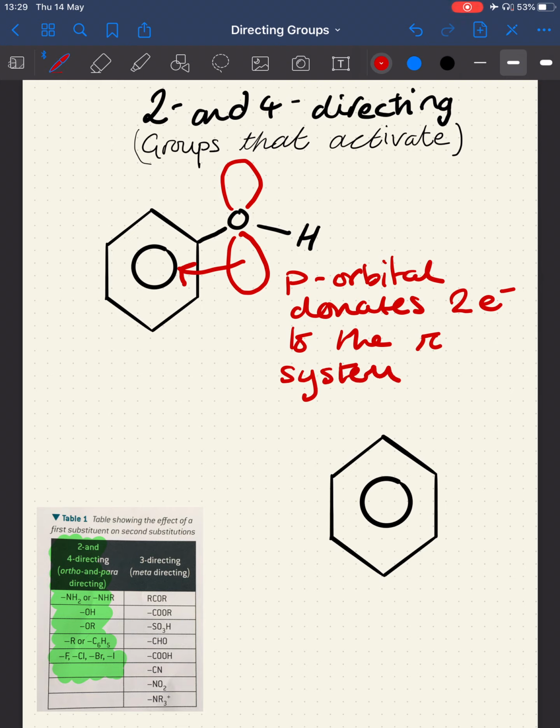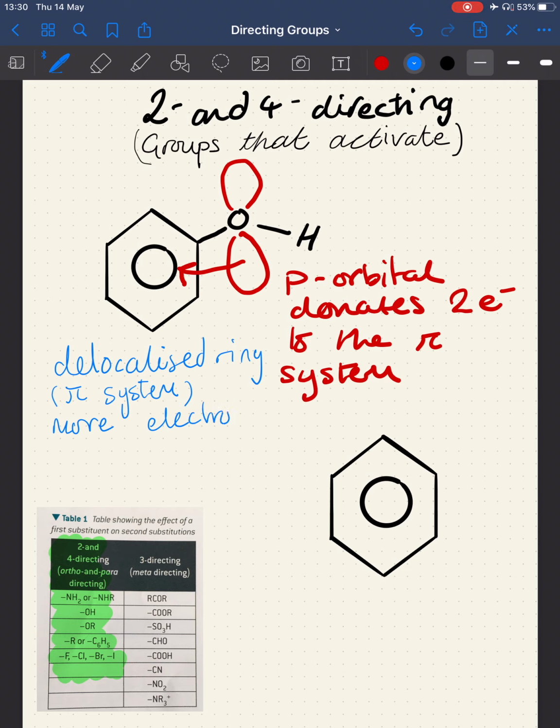Now you could also say, rather than it being donated to the pi system, you could say p orbitals donate electrons, or electrons are put into the delocalized ring. And the really important bit here is that that delocalized ring, or you could say that pi, has become more electron dense. And linking that back to previous lessons, that is why we get a much more reactive compound.